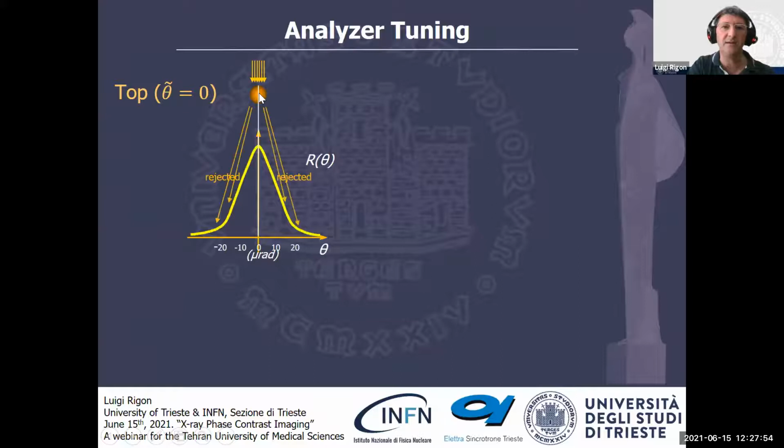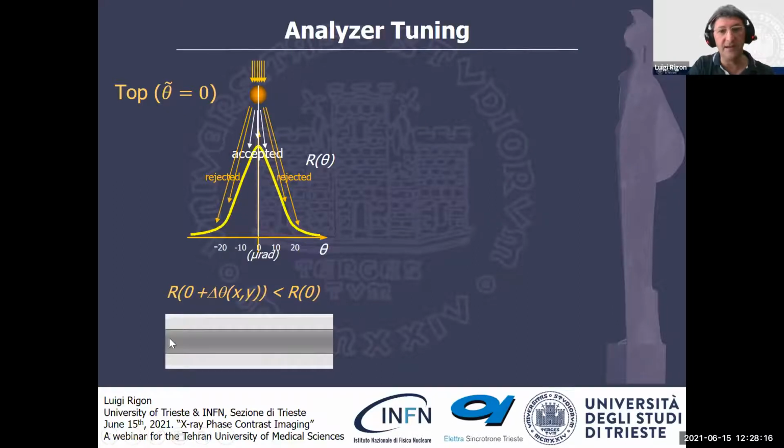The nylon wire introduces some refraction, and now these refracted photons are rejected because they are not aligned with the peak of reflectivity anymore. Only the photons that are not deviated are accepted. So the image on the detector will look like this.